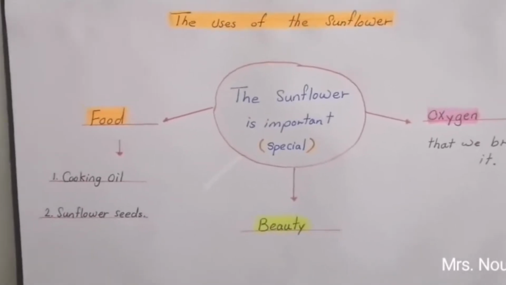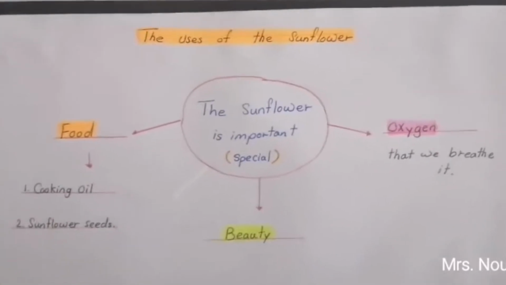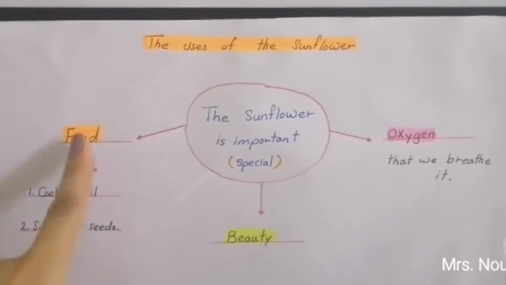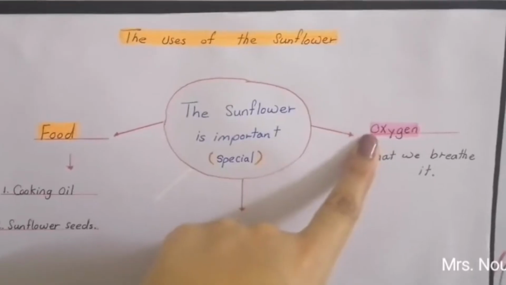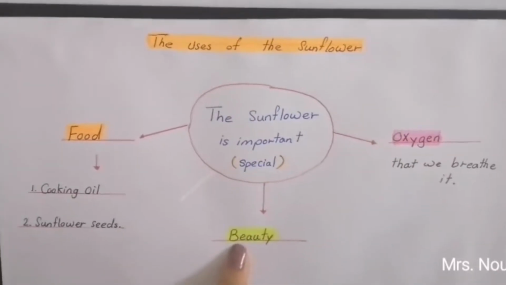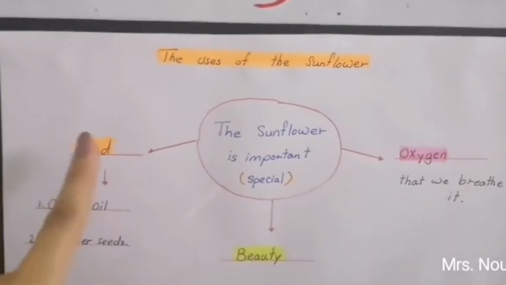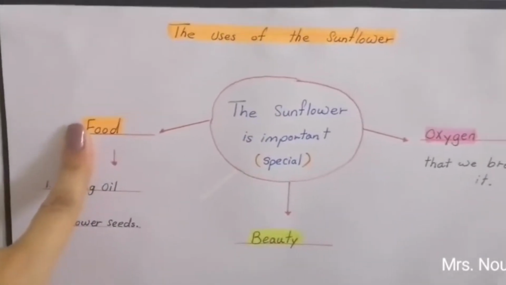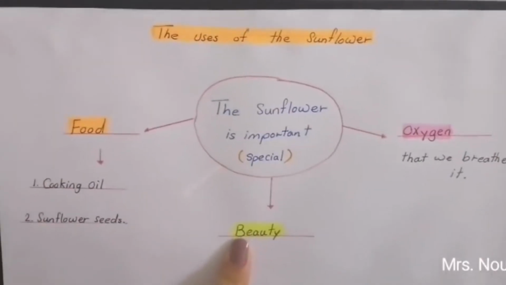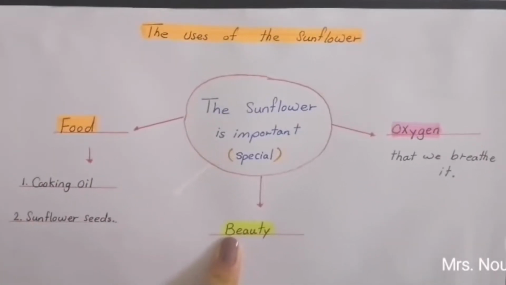The sunflower gives us food. It gives us oxygen. The sunflower gives us beauty as well. So, sunflower gives us food, oxygen, and beauty.